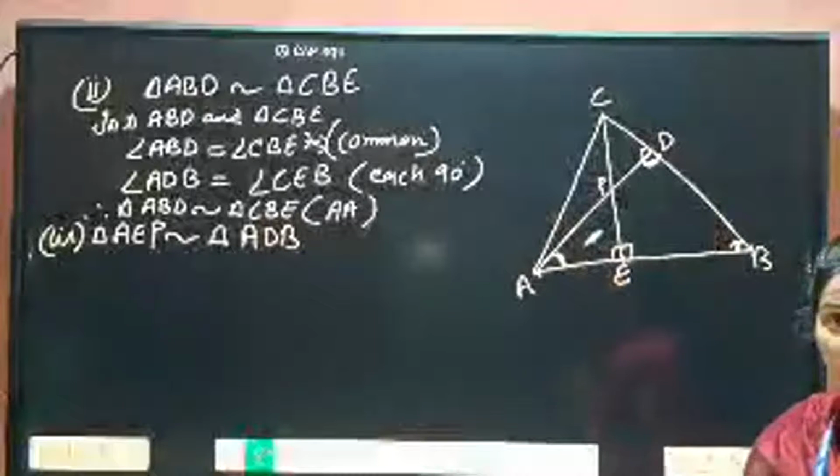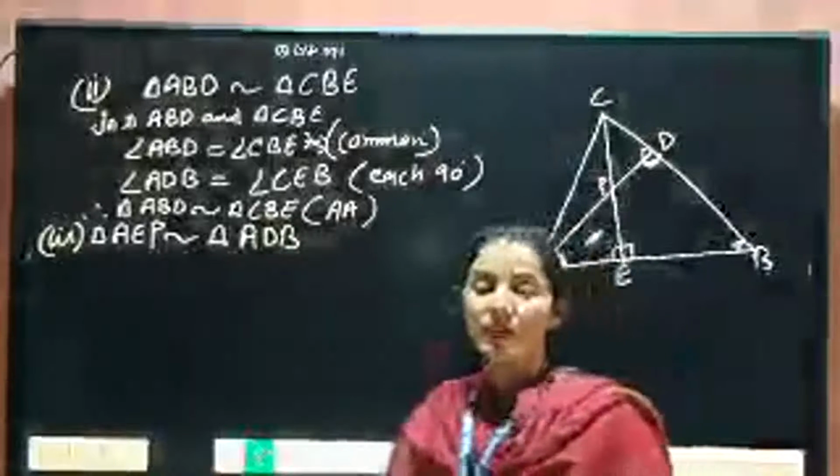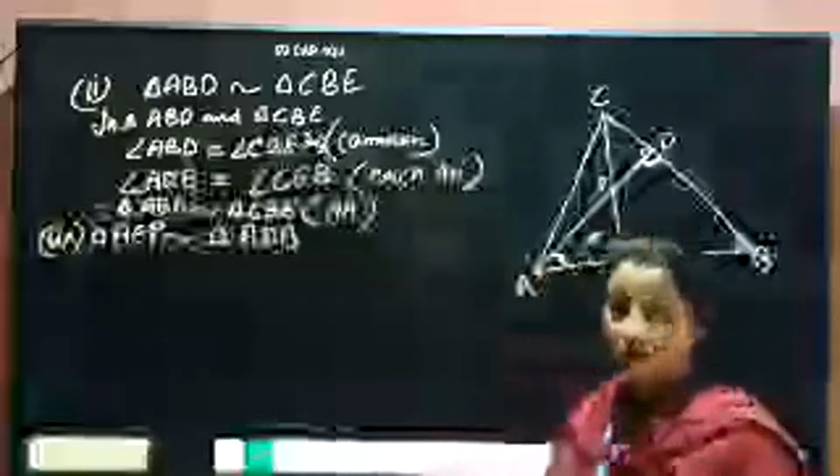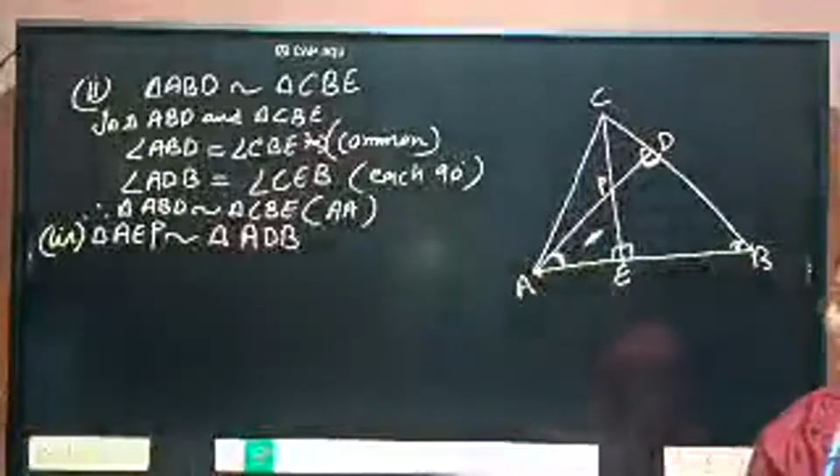So we got one angle common and one angle 90 degrees. We got two angles the same in both triangles. So by angle similarity criteria, these two triangles will be similar.